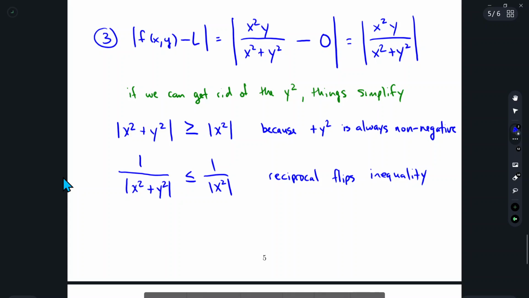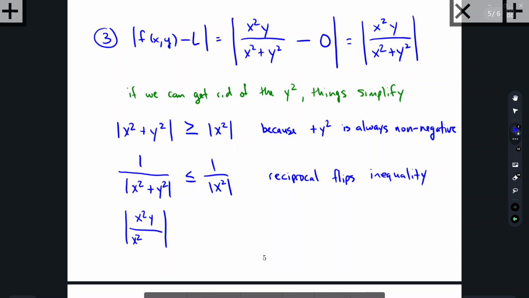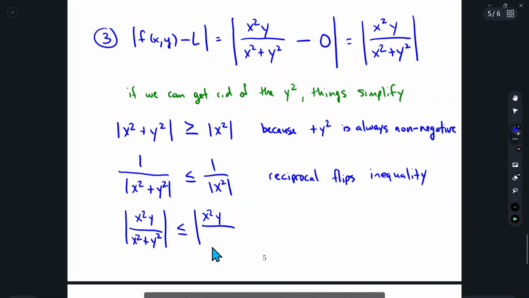So when I multiply both sides, it doesn't change the inequality. So I get the x squared y over x squared plus y squared is less than or equal to x squared y, right? The same thing needs to be done to both sides. This is just x squared. This side only has the x squared on the bottom.